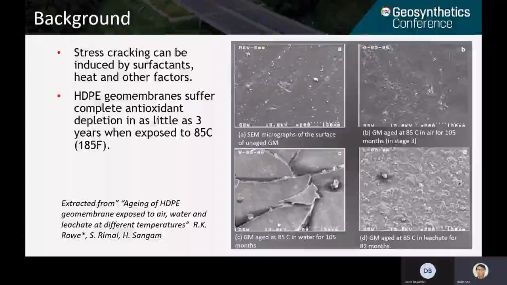Complete destruction is also seen for the geomembrane at similar temperatures, but this time in synthetic leachate. So chemicals definitely induce microcracking and attack the polymer chain, and that can cause the rate of degradation to accelerate.